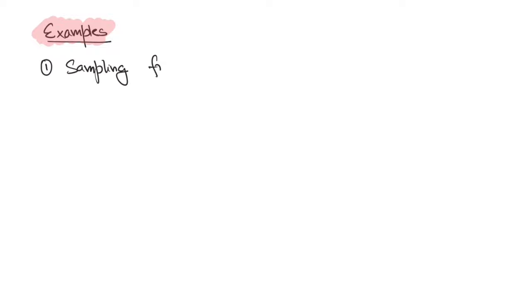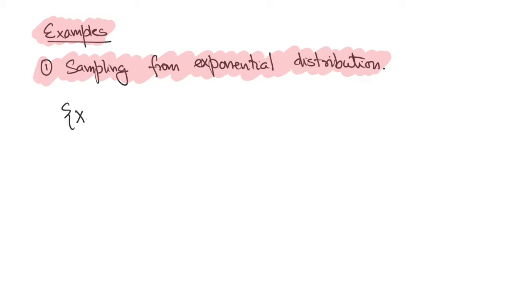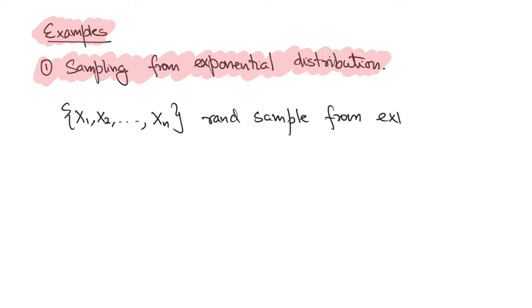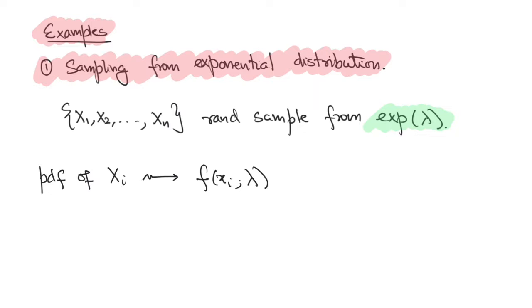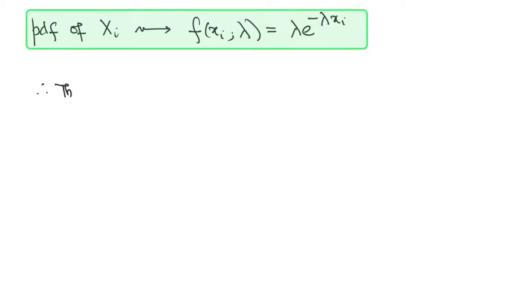Suppose we are sampling from the exponential distribution. That is to say that we have x1, x2 up through xn, random variables coming from the exponential distribution with parameter lambda. In this context, the PDF of the xi's is going to be defined as f of xi, comma, lambda, which will be equal to lambda times e to the minus lambda xi.